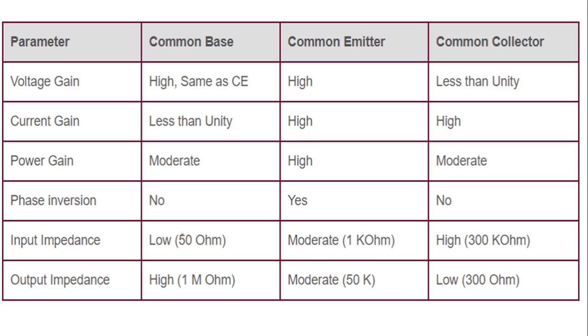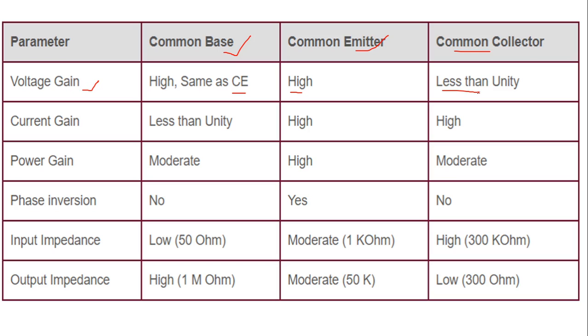I have given here, just for your convenience, the comparison between common base, common emitter, and common collector. Let's start with the first, voltage gain. We know that voltage gain in the case of common base is high, common emitter is also high, and in the case of common collector it is unity, actually less than unity.